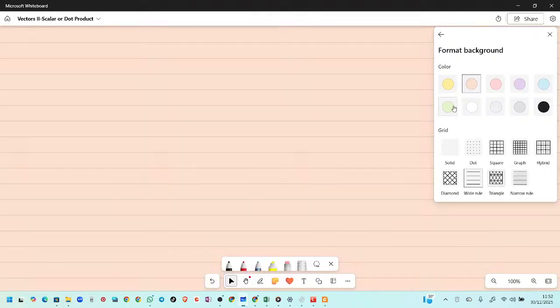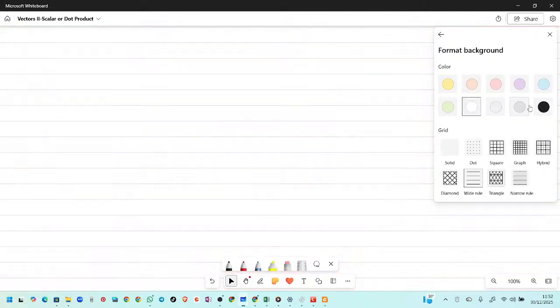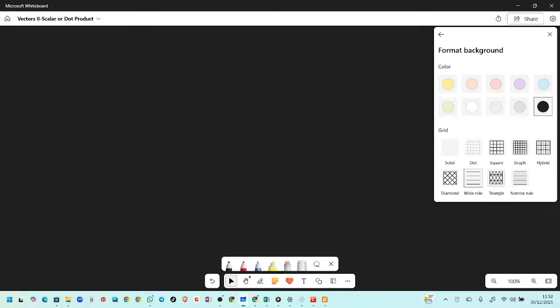Which color do you like? White or yellow? Or this is black and it is white, right? Let's see.